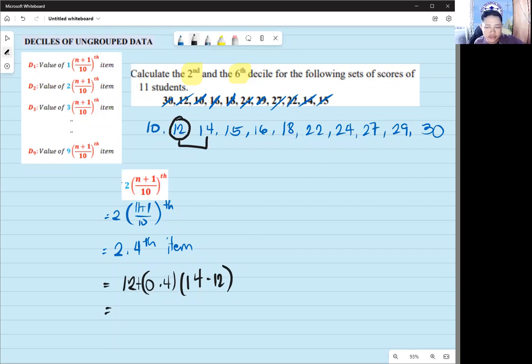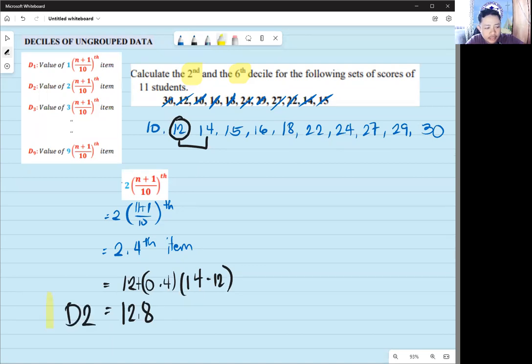Press your answers properly in the calculator. Actually, 14 minus 12 is 2. 2 times 0.4 is 0.8. Add it to 12, so that becomes 12.8.